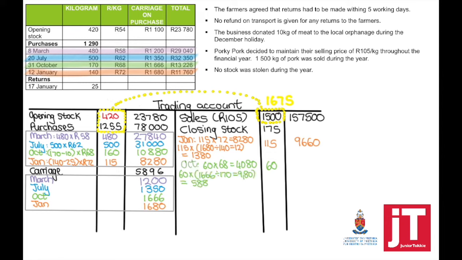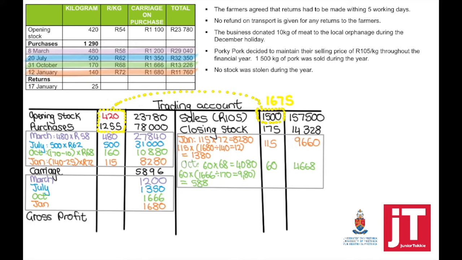So to work out the carriage, we're going to take 60 times 1,666 divided by 170 units, because that was the number of kilograms we purchased, to get the cost per kilogram, and then we times it by 60. So the total amount would then be those two added together, which equals 4,668.